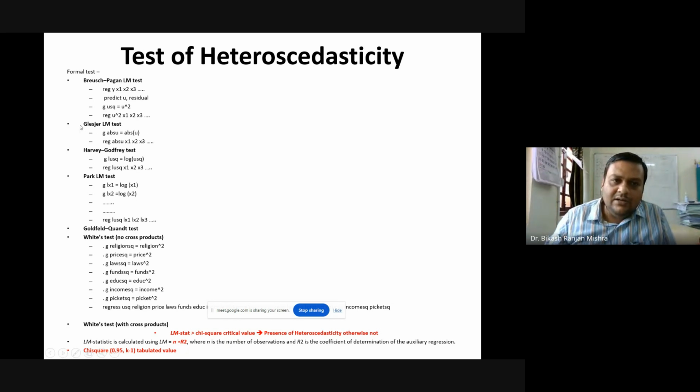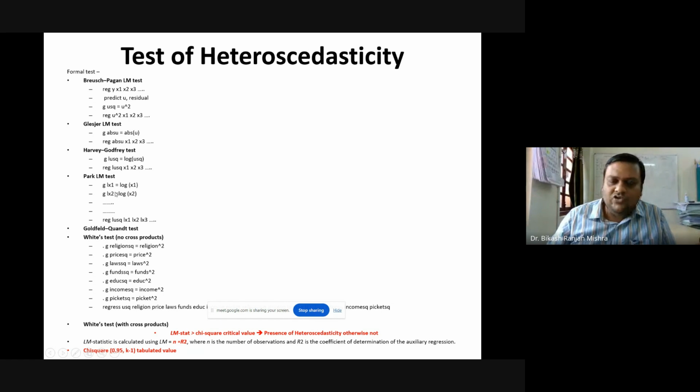Similarly, there is something called the Glejser LM test, where instead of going for the square term, you find the modulus value of it and do the regression. Or there is the Harvey-Godfrey test, where instead of only the square term as the variable, go for a logarithmic transformation of the squared error term. Or there is the Park test, there is the White test.